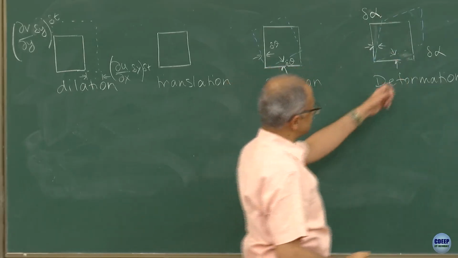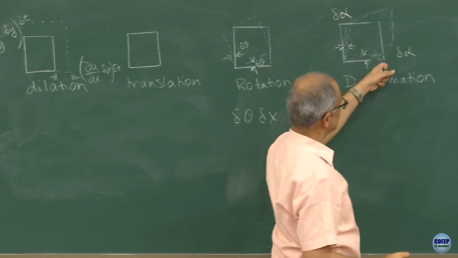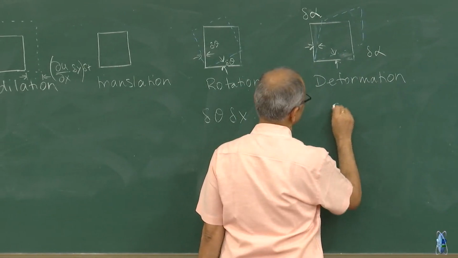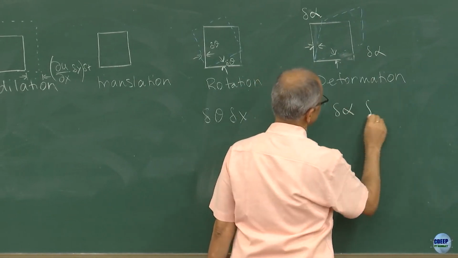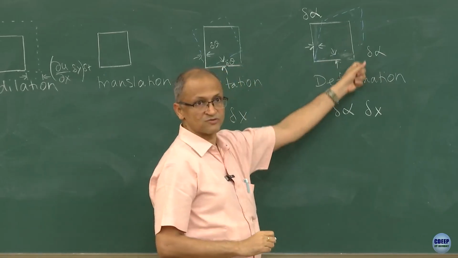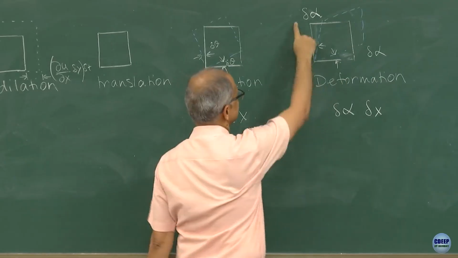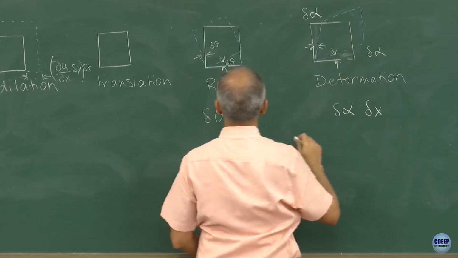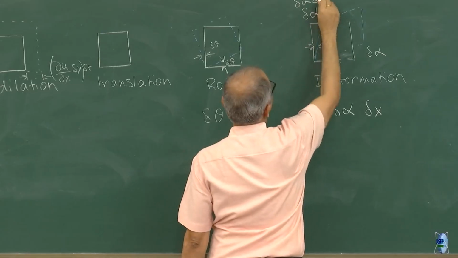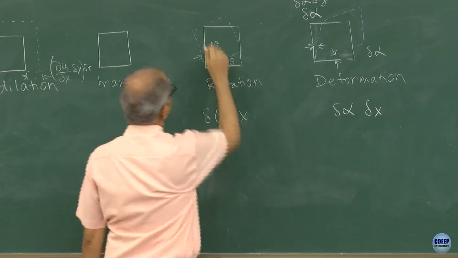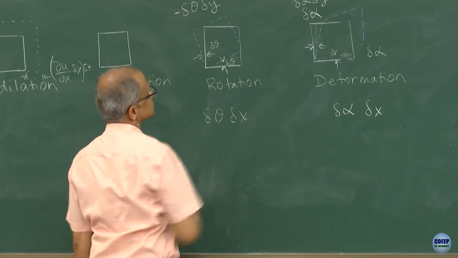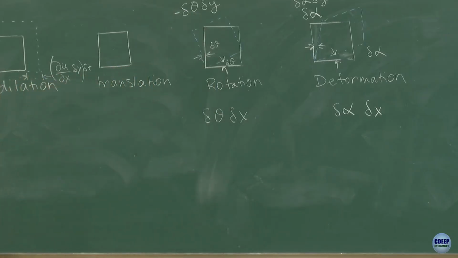So how much is my delta alpha related to? This delta alpha is taking this point up by an amount which is delta alpha into delta x. Correct? That's how much this point will move along the x direction, and here it is moving by an amount which is delta alpha into delta y. And here, as we said, this is moving by delta theta into delta y, and here we are moving it in the y direction and the negative direction.